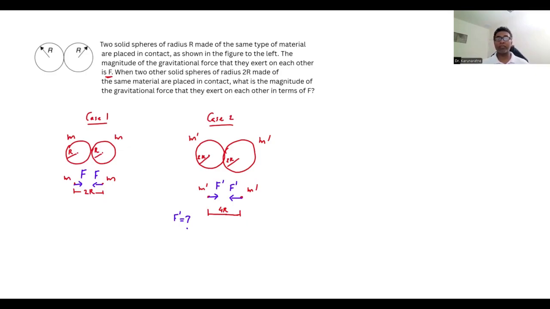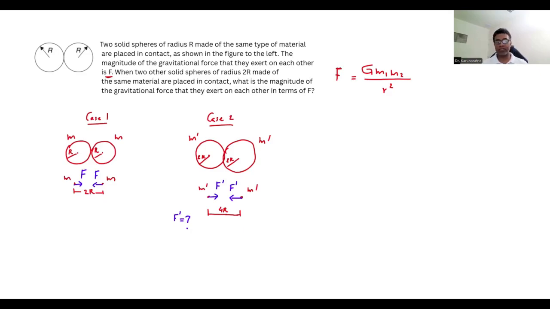If there are two point masses, M1 and M2, placed with a separation of R, then the magnitude of the attractive force, or the gravitational force, between the two objects, F, can be written in terms of big G, the universal gravitational constant, times M1 times M2, those are the two masses, divided by the separation between the two point masses, actually separation squared. So that's the magnitude of the gravitational force.